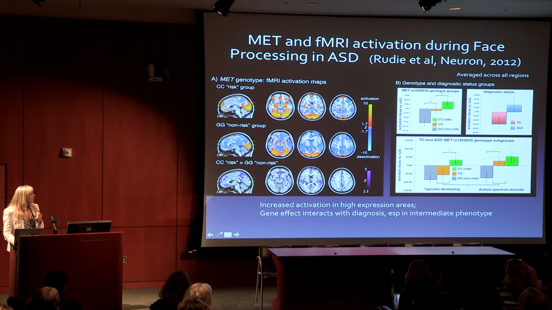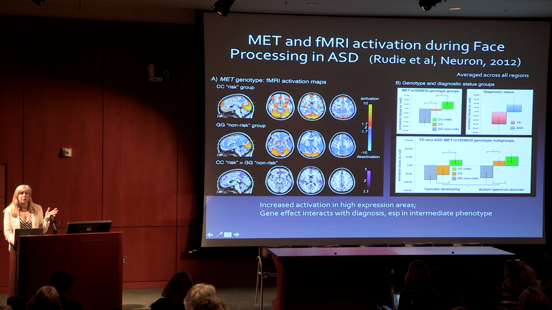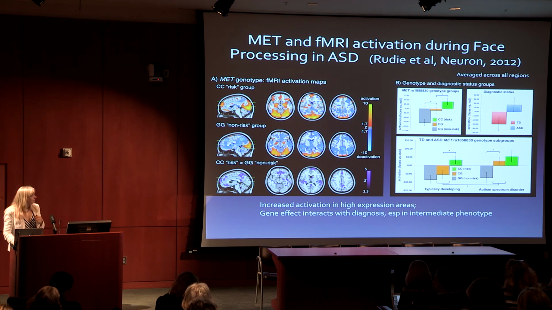You can see that the risk genetic carriers have a lot more activation in those areas where that risk gene is expressed in the brain. It's interesting because it suggests that how these face processing regions are responding is very much affected by a single gene that is expressed in this area of the brain. I always find it very shocking that one gene can have such a profound effect in the brain.